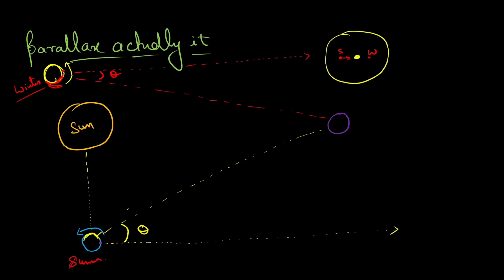Whatever this distance is from here to here is going to be the same as this distance from here to here. And so this angle is going to be equal to that angle. What I want to do in the next video is think about if we are able to precisely measure these angles, either one of them or both of them.